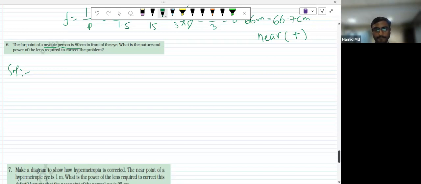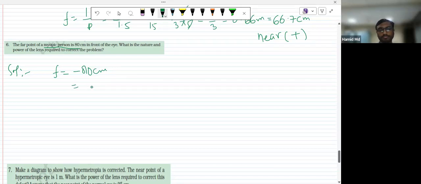Sir, done. May I tell? What is the answer? Sir, minus 1.25D. Tell me the procedure. Sir, F will be minus 80 centimeter or minus 0.8 meter, because the person has a myopic eyesight problem.